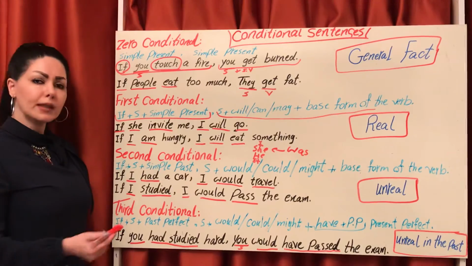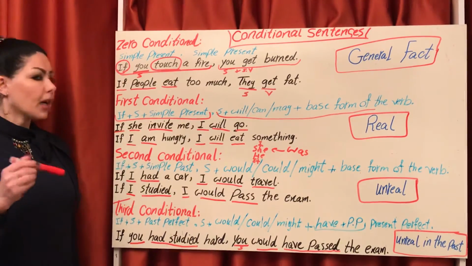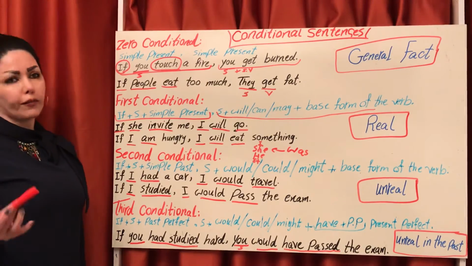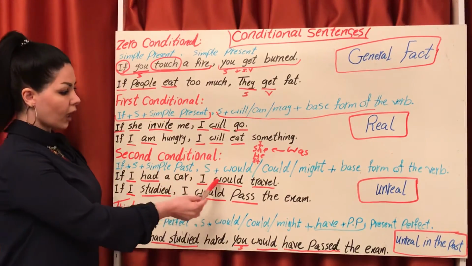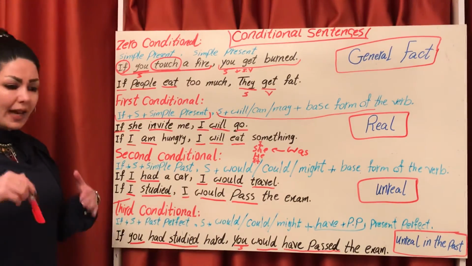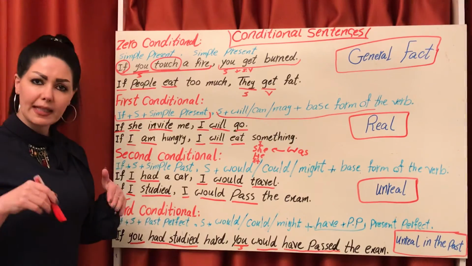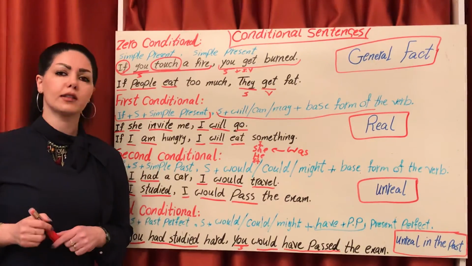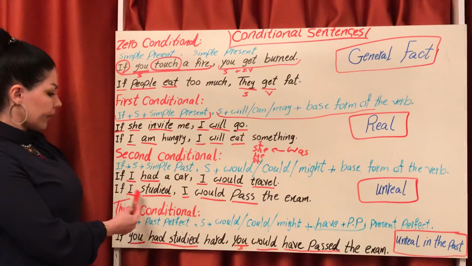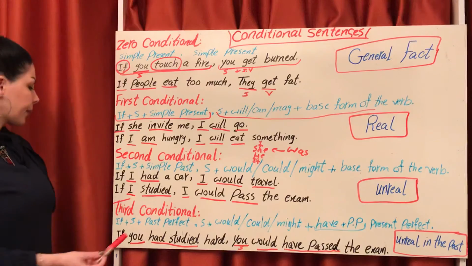We use this conditional for unreal but present or future. For example, if I had a car, I would travel. Now I think about it. This is a situation for present. If I had a car, I would travel. If I studied, I would pass the exam.